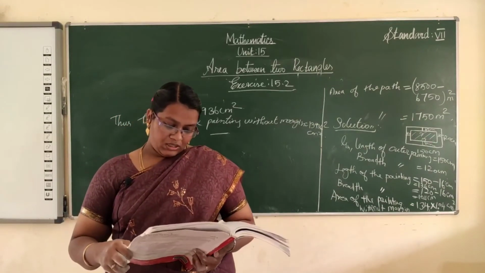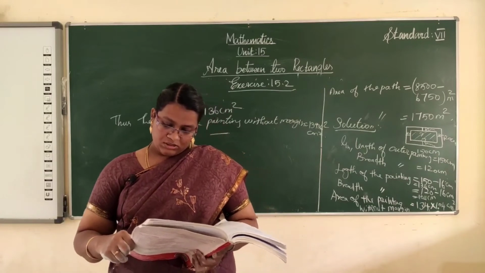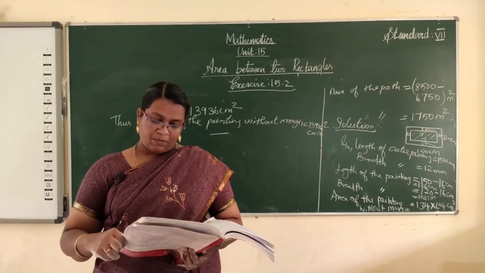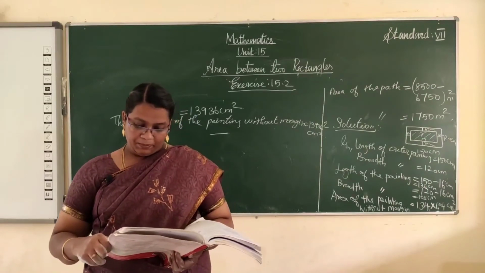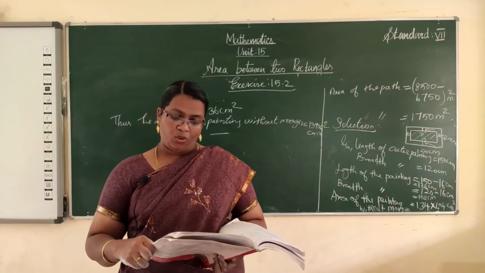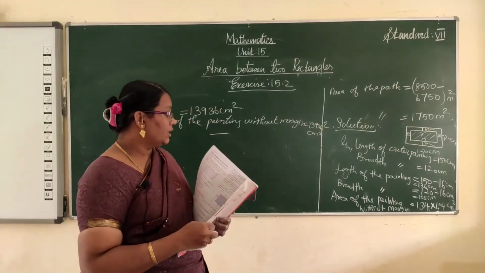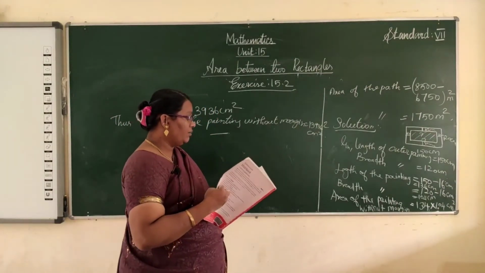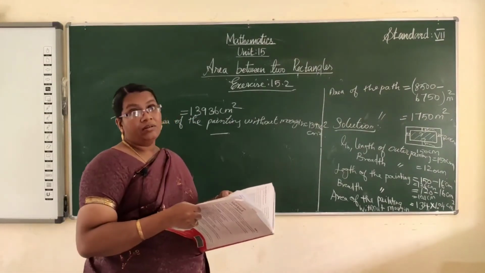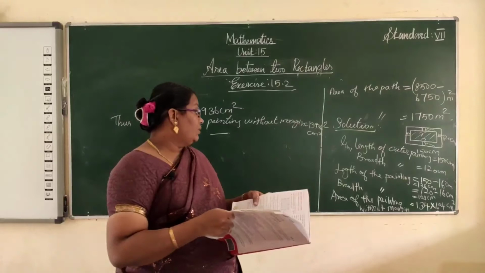Okay, and next see the third one. Third one is also the same one. Subtract, then calculate the cost of polishing the table top. Same like that. First we calculate the length and breadth of the tabletop. Here also we calculate the tabletop inner.